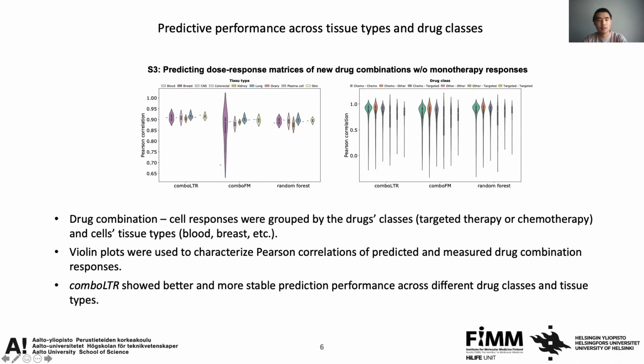And here the line means that some tissue types contain only one cell line. And in general, ComboLTR showed better and more stable prediction performance across different drug classes and tissue types in this challenging scenario, where less information was available.